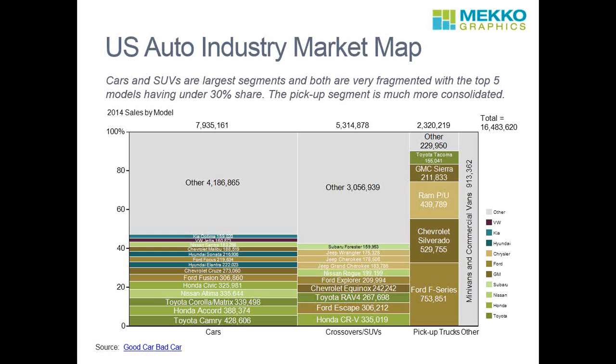So hopefully those 4 market maps gave you a sense of how you would use a Marimekko chart to map a market. Markets by segment, typically by competitor, is probably the most common use of the Marimekko chart as a market map.